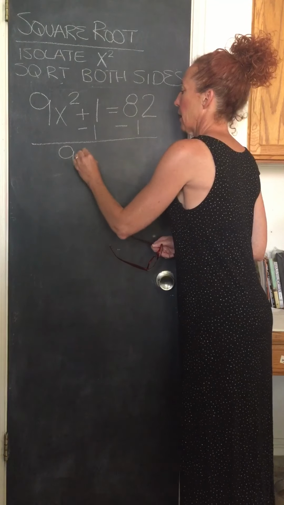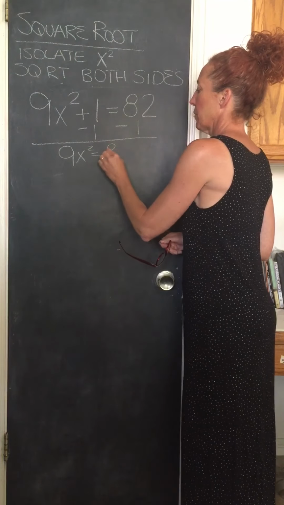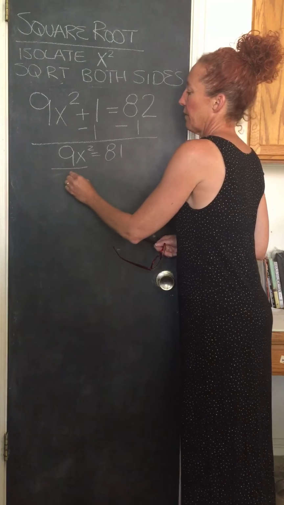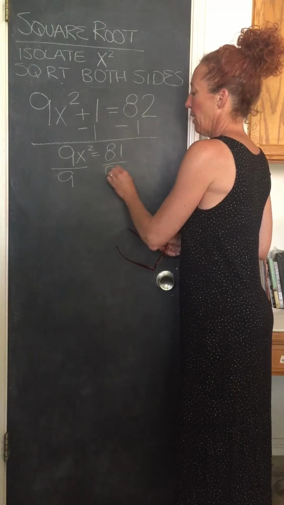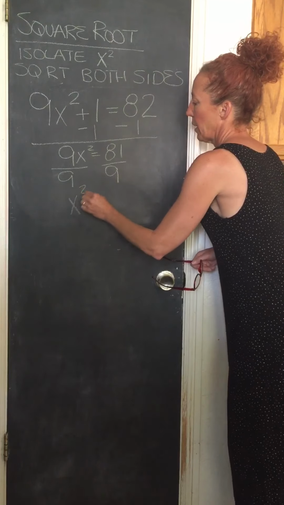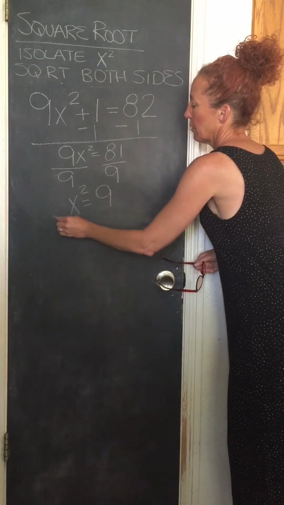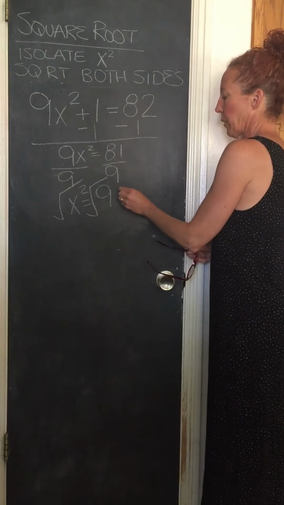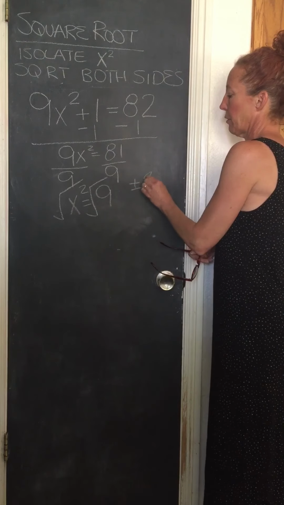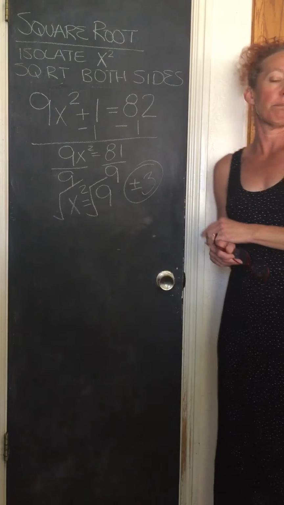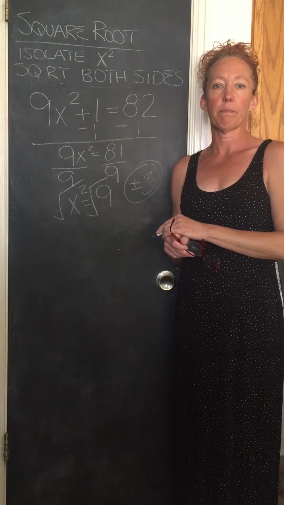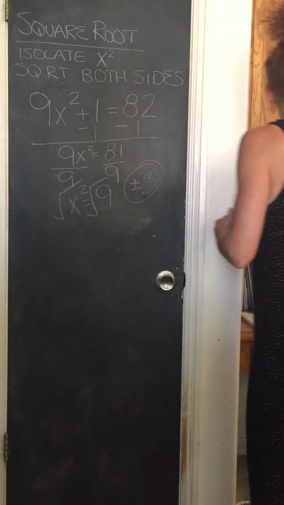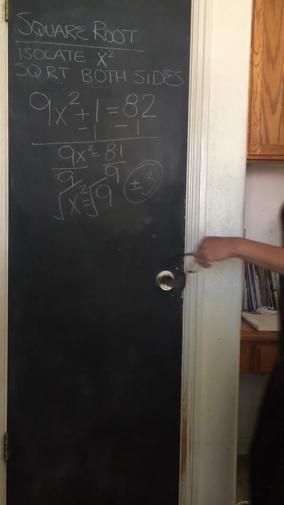So 9x squared equals 81. Divide by 9, divide by 9. So x squared equals 9. Square root both sides. 9 is a perfect square, so my final answer would be plus or minus just the integer 3. All right, there's all sorts of possibilities here.